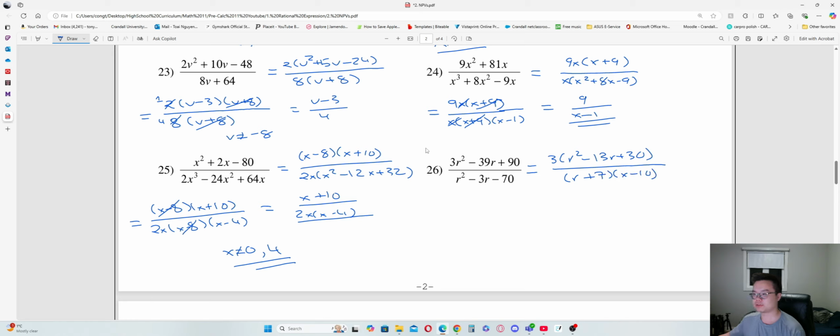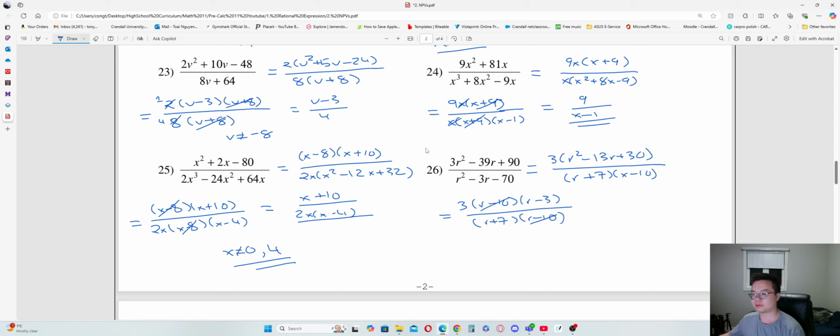I need to factor the top further. No, it's not r squared, I just typo there. So I'll have r minus 10, r minus 3, over r plus 7, and then r minus 10.